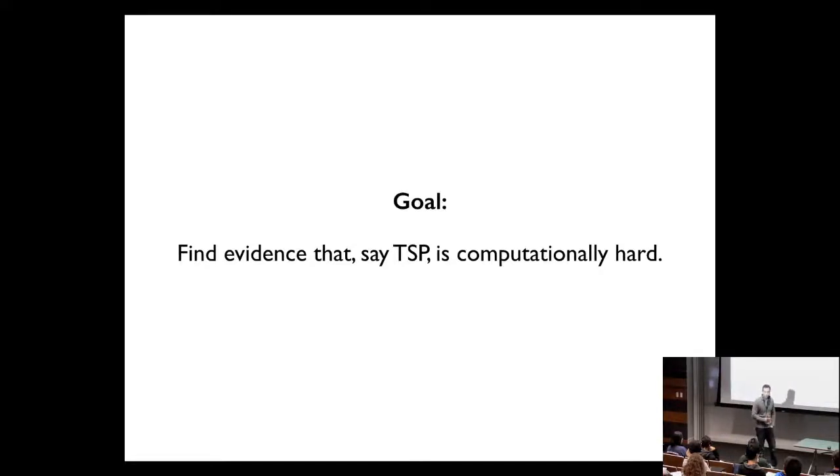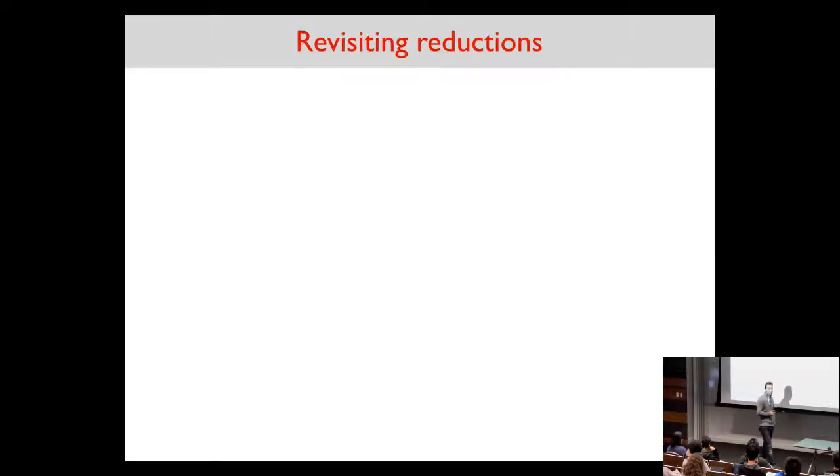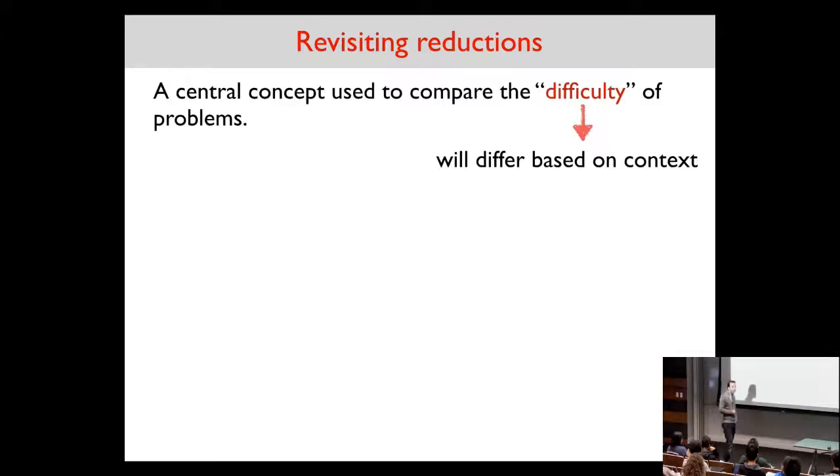All right, so our goal is to find evidence that, let's say, TSP or SAT, pick your favorite problem, is computationally hard. Let's see how we can do that. To do that, we're going to revisit a notion that we've already seen before, and that's reductions. This concept is very useful in computer science. As we saw before, it's a way to compare the difficulty of problems.